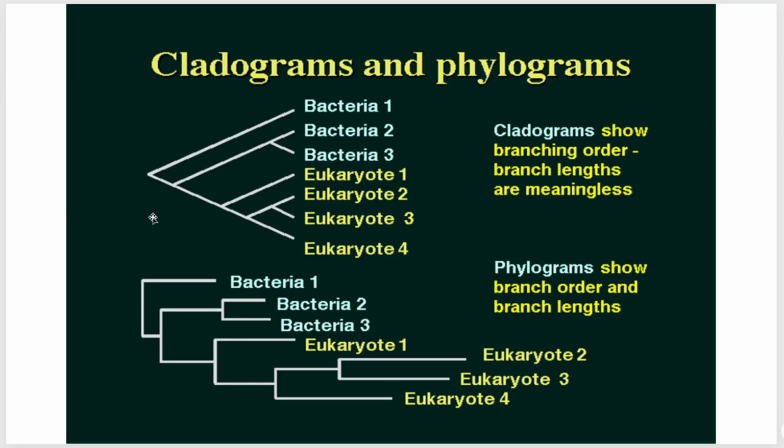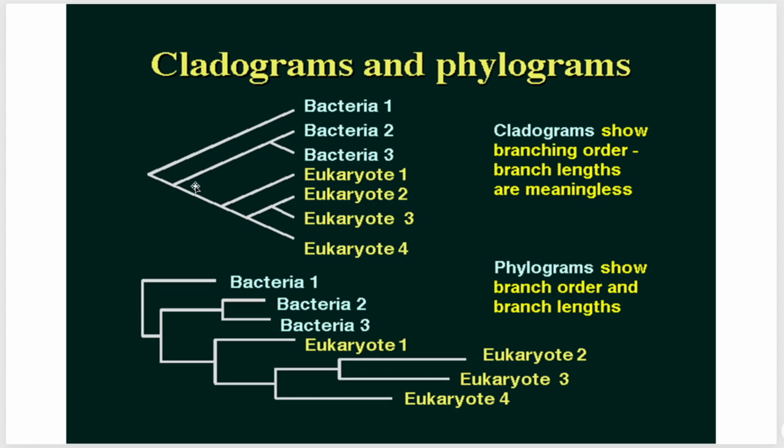Now, there is a difference between a cladogram and a phylogram, or a phylogenetic tree. And the difference is a cladogram will show how organisms branch off and how they're related, which ones share more recent or more distant common ancestors. But the lengths of those lines don't correlate to an actual time period, not in any exact sense.